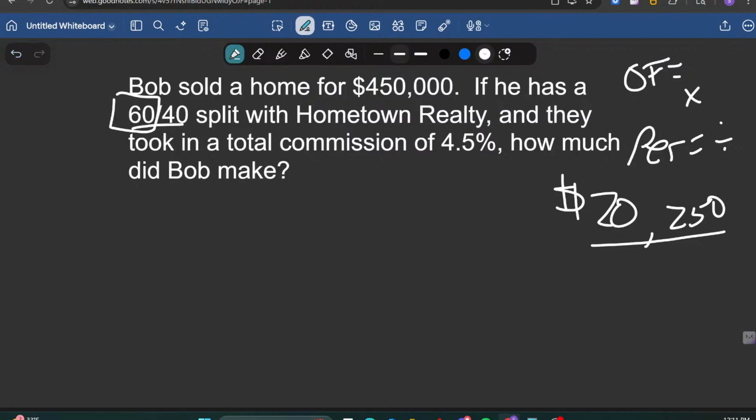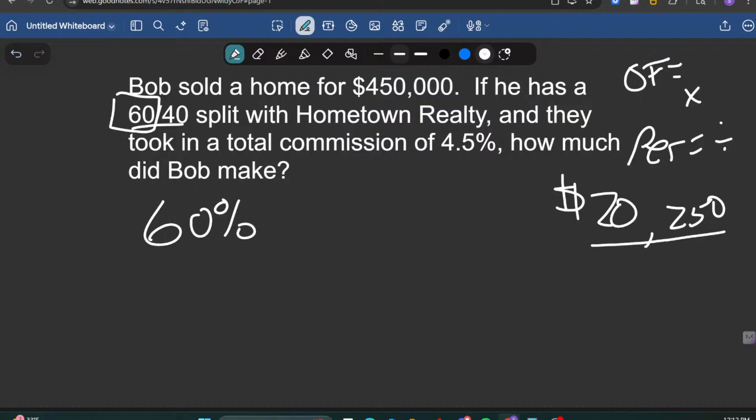So what we would do is multiply the 60% by 20,250. So let's go ahead and do that.